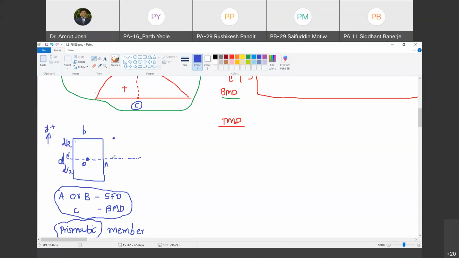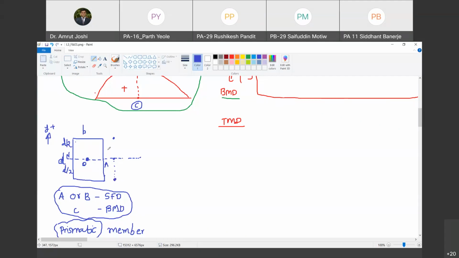When I started walking along the depth, I reached the neutral axis. I considered myself at origin. Are you with me? Yes, sir. And when I started walking down, at the extreme face of the beam, I assumed that I was at the position minus D by 2. Happy? Yes, sir. And I started asking myself a question.